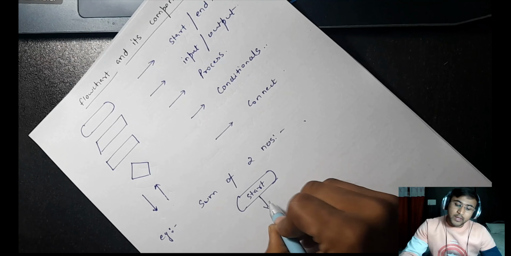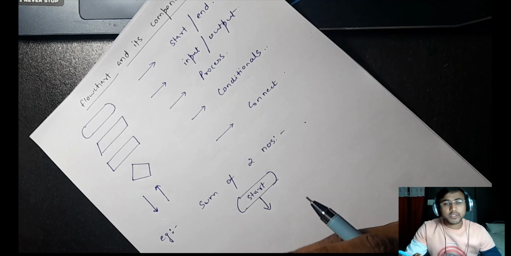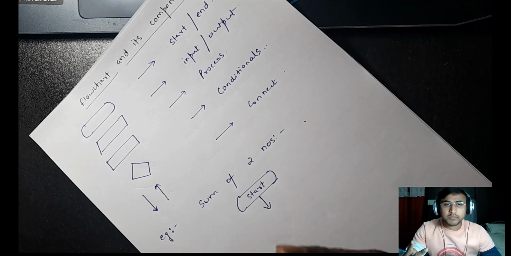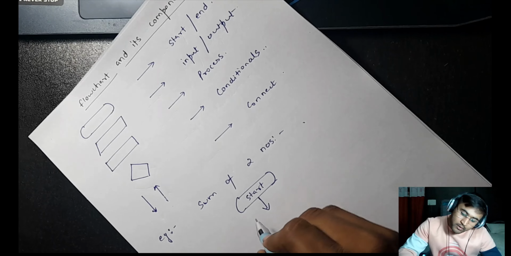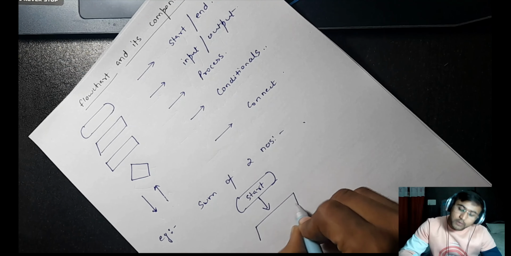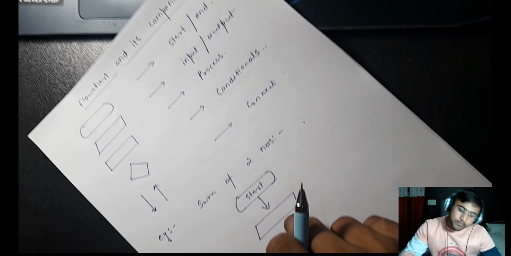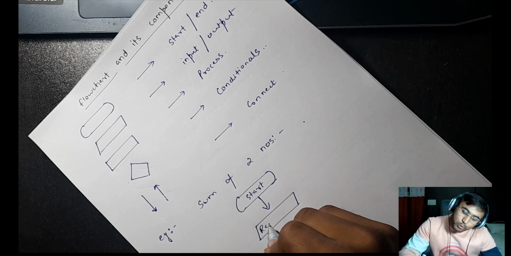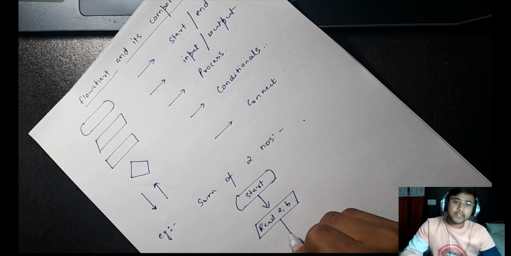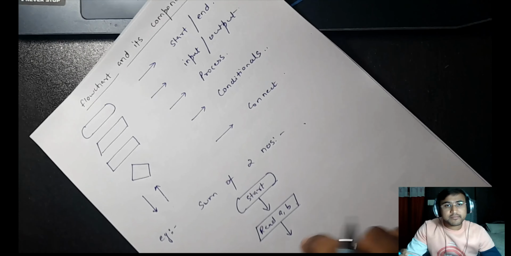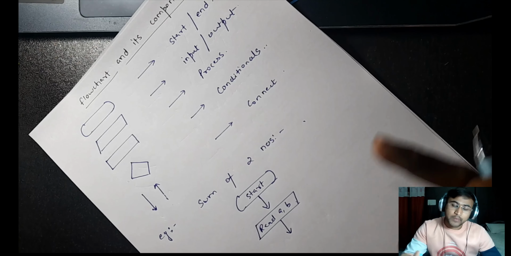The next step is we need to take input from the user. We need to take two inputs from the user on which we need to perform the addition operation. So for taking input, we use this parallelogram. So we are reading two numbers A and B from the user. After reading, when the user has inputted these values, then we need to process these.